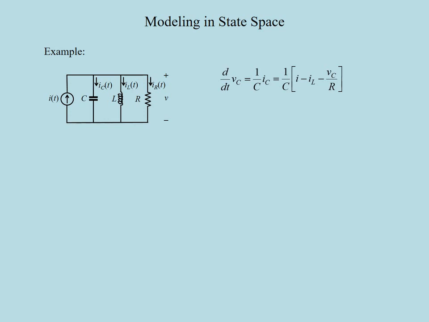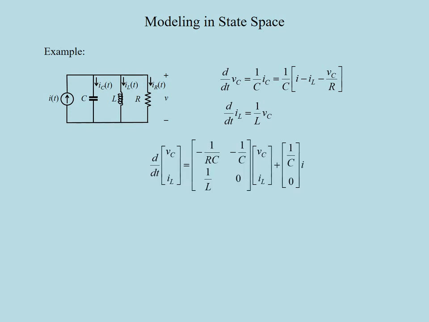On the other hand, the element equation of the inductor directly relates the derivative of the inductor current to the capacitor voltage. We can combine these two equations in a matrix equation, and defining the state vector as V sub C, I sub L, we can recognize this matrix equation as x dot equals A x of t plus B u of t.